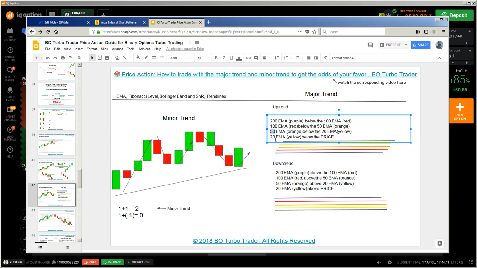So you have to understand, if those EMAs are flat, it means that in the last 20 minutes on the 20 EMA, the market was ranging. Yes, because it's flat, and that is what it's telling you.